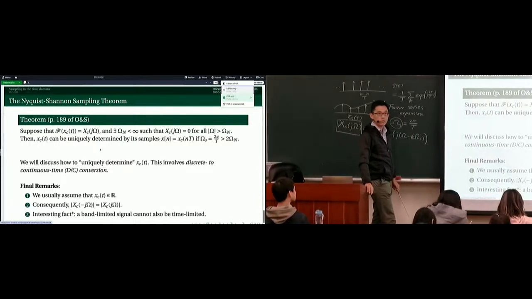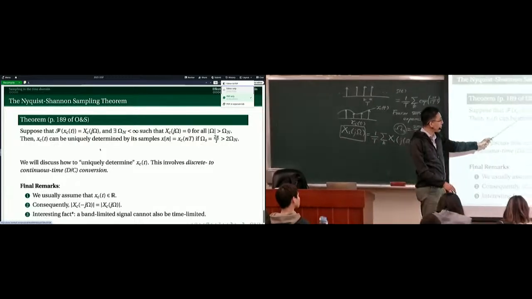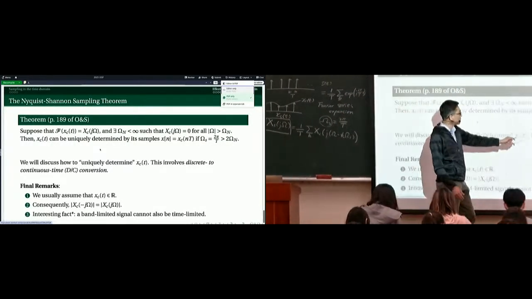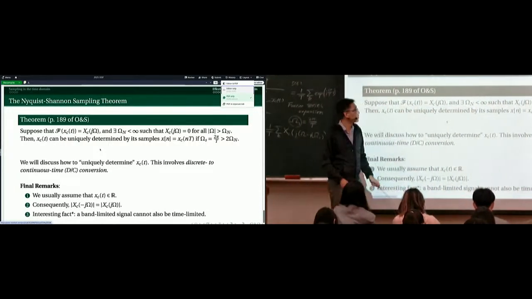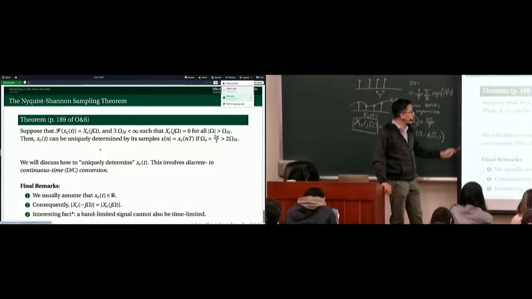I'll stop for a while for you to ponder what the meaning of this sentence is. Suppose that we do have a signal and the signal has a finite bandwidth. The bandwidth is no bigger than omega sub N. N stands for Nyquist, the name of this scientist. Suppose that the bandwidth of our signal is below the Nyquist rate. That's the meaning.